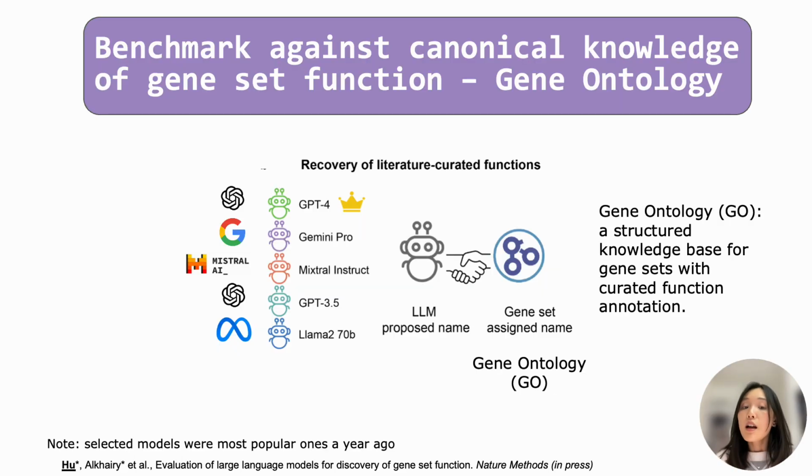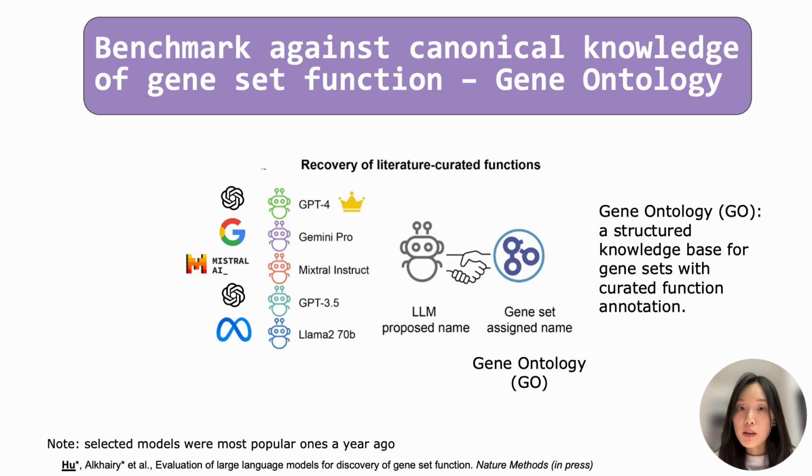So this is the prompt that we give, and now we want to evaluate how the model performs in giving the name, giving the analysis, and giving the confidence score.